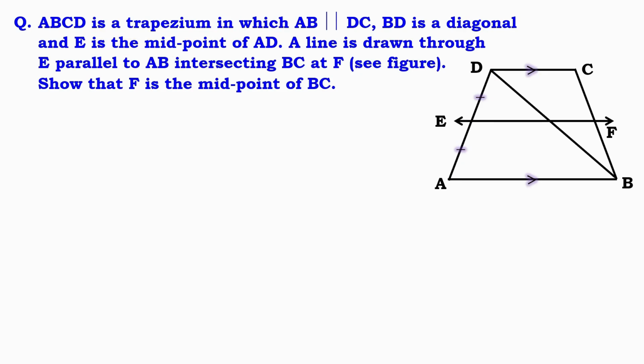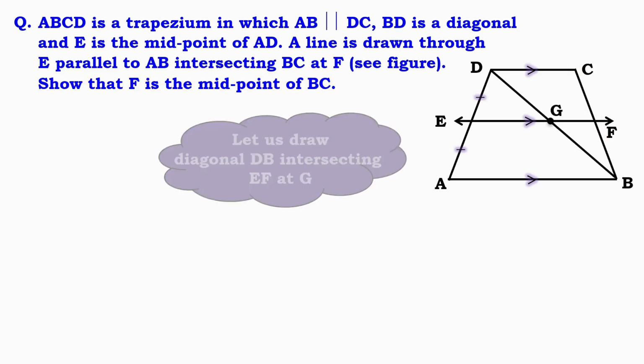A line is drawn through E parallel to AB intersecting BC at F. Okay, so EF is parallel to AB and it intersects BC at point F. We have to prove that F is the midpoint of BC. Okay, so it means it equally divides the line segment BC.